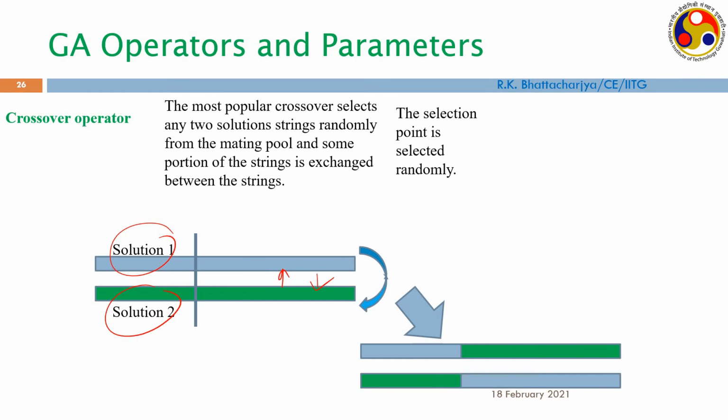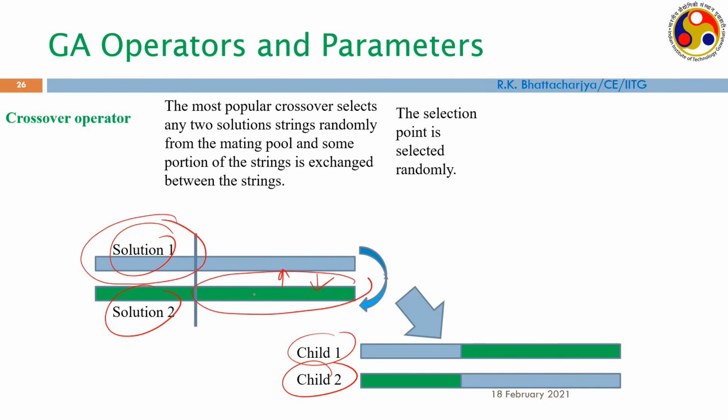Therefore the new solutions you are getting are child 1 and child 2, and these are parent 1 and parent 2, so they have information from both parents. This portion of solution 1 and this portion of solution 2 give you a new string. Similarly, this portion of solution 2 and this portion of solution 1 give you another new string.